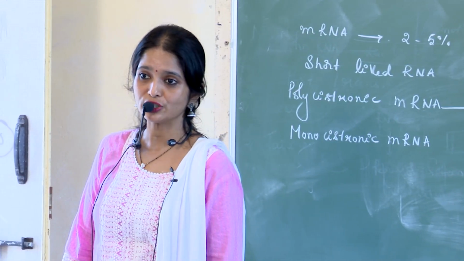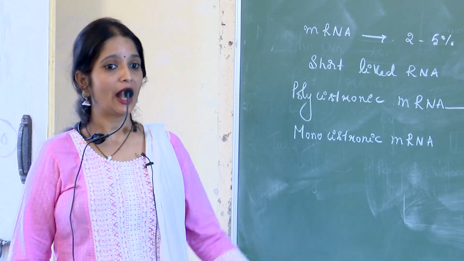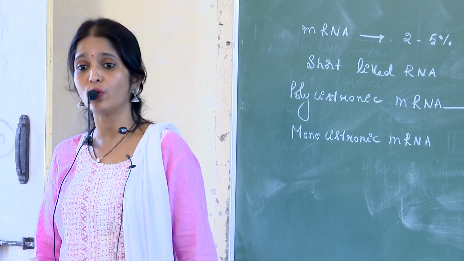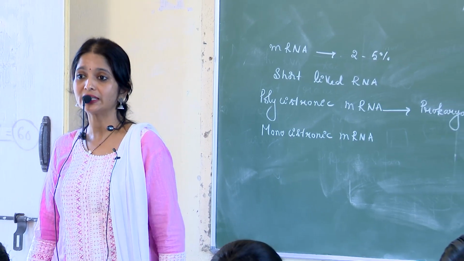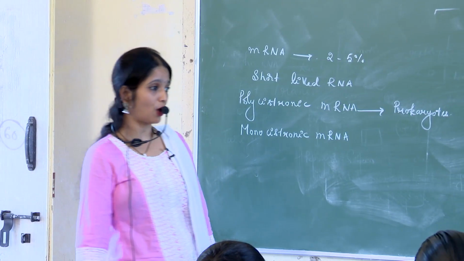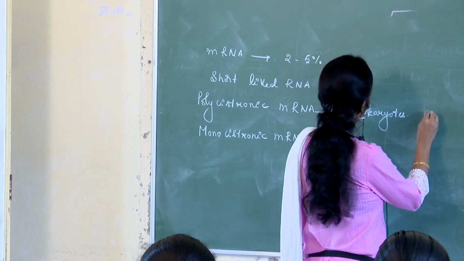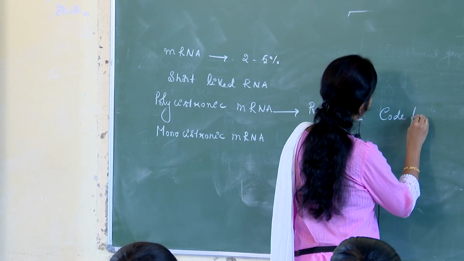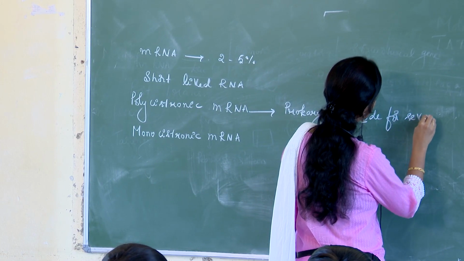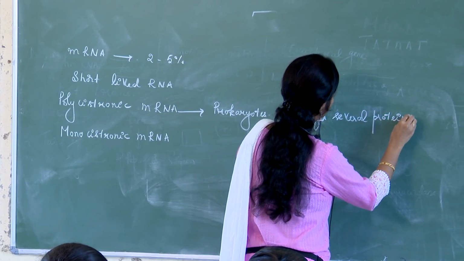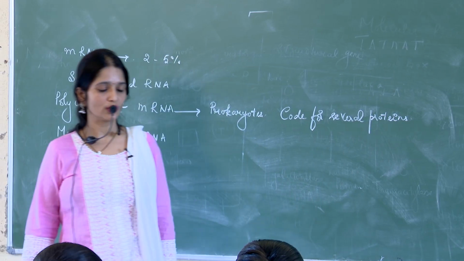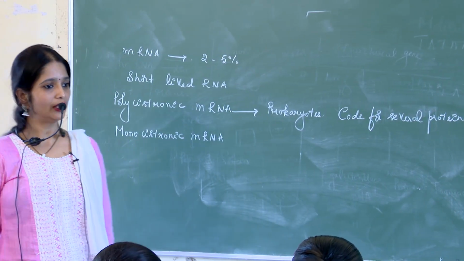Polycistronic mRNA codes for several proteins at a time. It can produce several proteins. Poly means it can code for several proteins at a time, right?